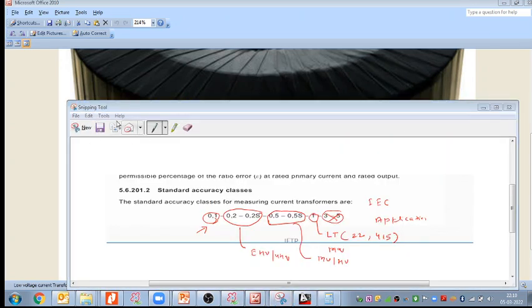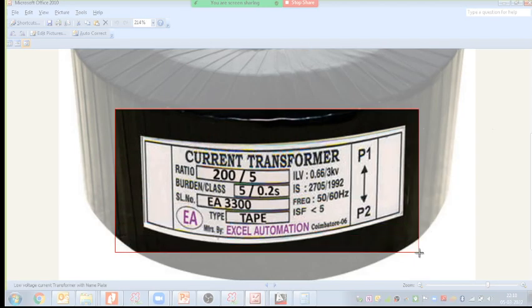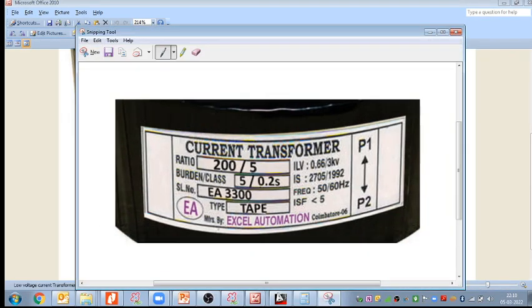In the module, for insulation level voltage, we take three voltages: the power frequency over voltage, lightning impulse over voltage, and switching impulse over voltage, right?